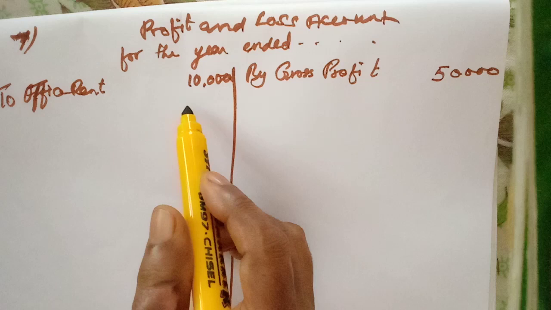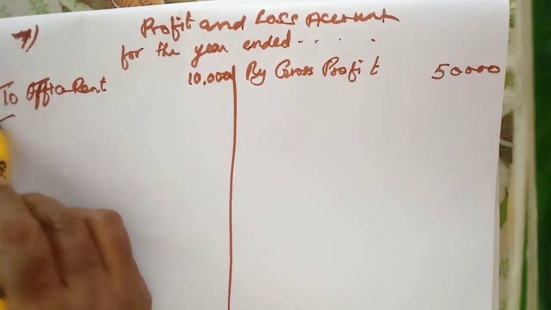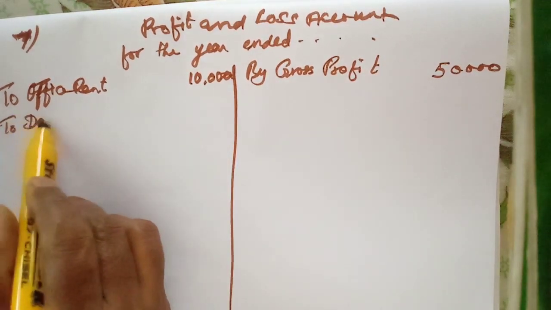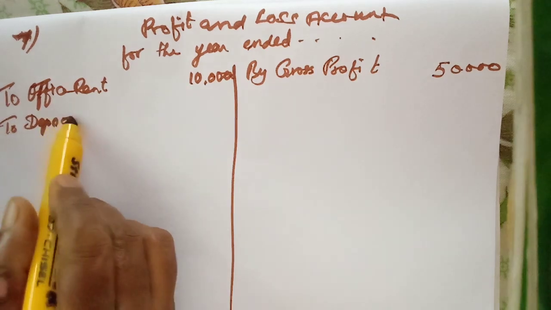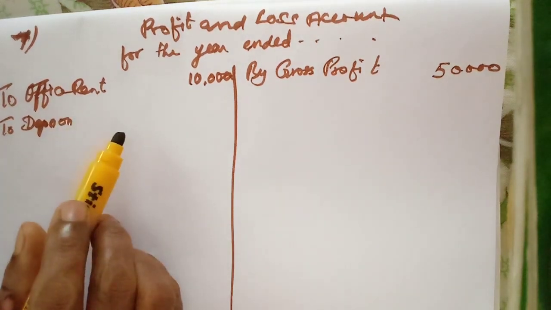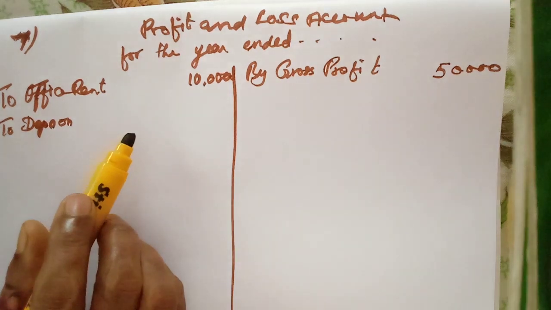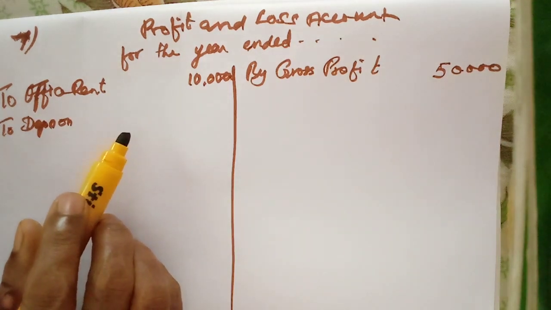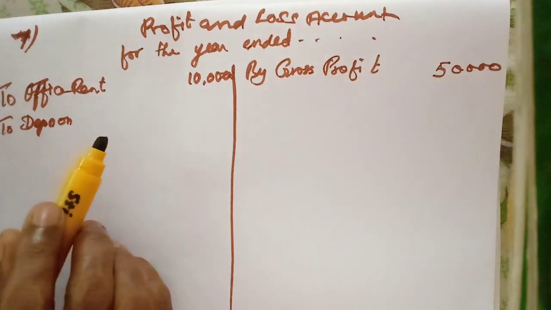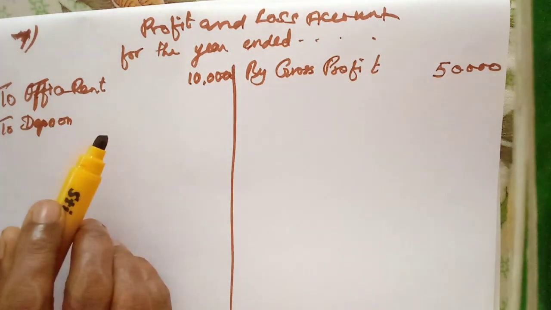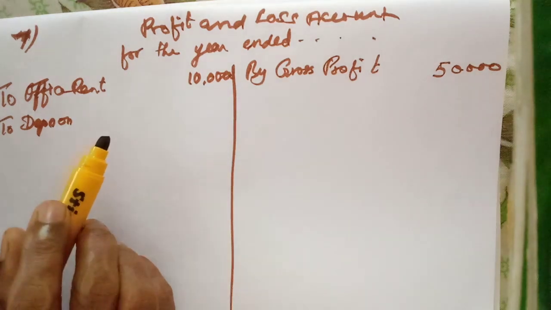Depreciation on office assets. There is an order, that means first we should write office expenses, then administrative expenses, then selling expenses, fourth distribution expenses, fifth other expenses and losses. But if you follow that order, you may miss some of the items.